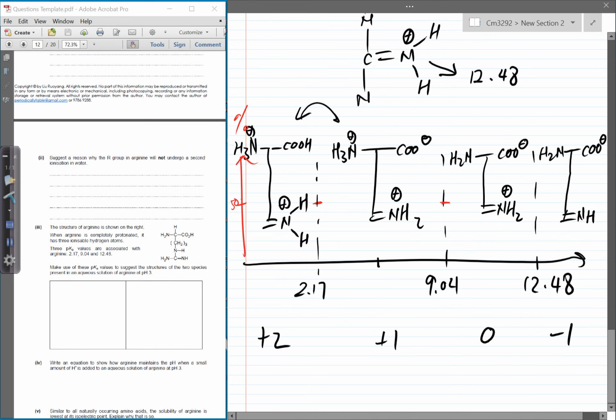Same thing for this point, right? So if we draw the line, we're going to have something like that. The proportion of this species, right? You have learned this in your ionic equilibrium. At pK, you're going to have 50-50, right? This for this species, red species.